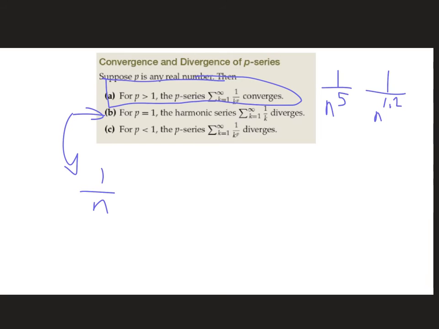So we showed that using that integral test idea. And then if p is less than 1, so that was 1 over k to the 0.98, 1 over k to the negative 2, those ones diverged. That's what that p, so this is the p series test.